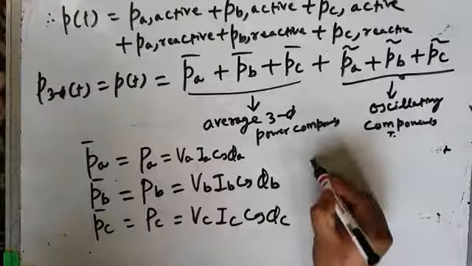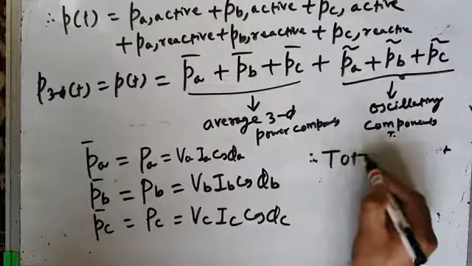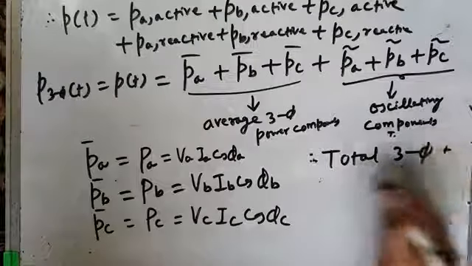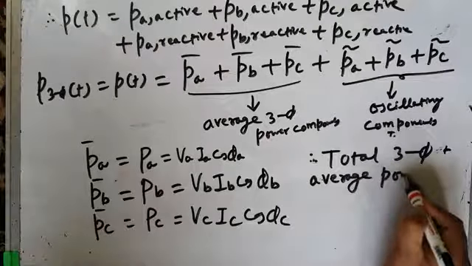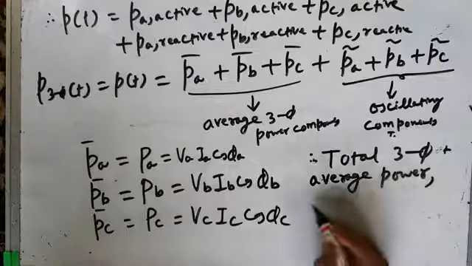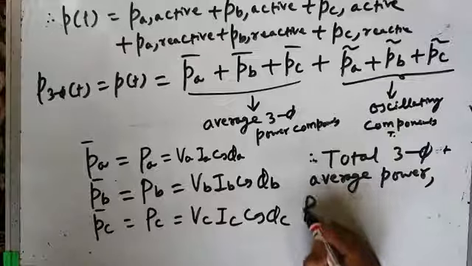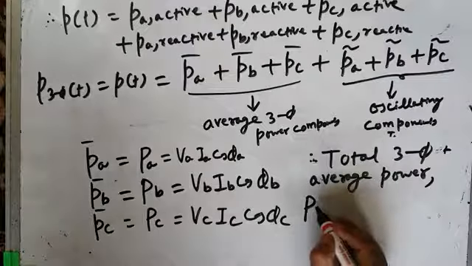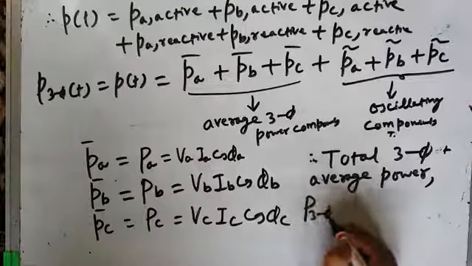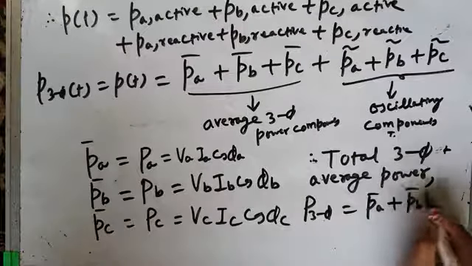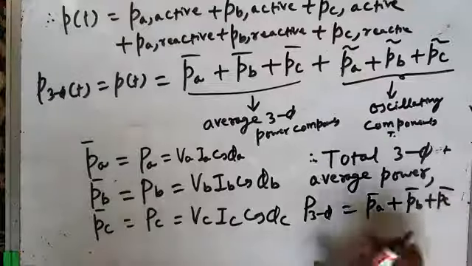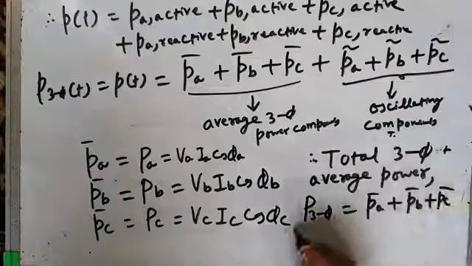So therefore, what is the total three-phase average power delivered from the three-phase source to the three-phase load? We can write that as capital P three-phase, equal to PA bar plus PB bar plus PC bar, the sum of the average powers of all three phases.